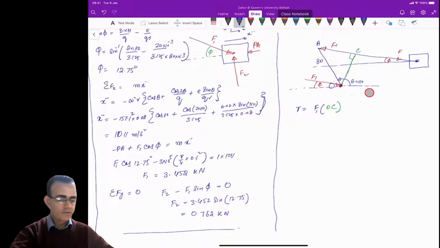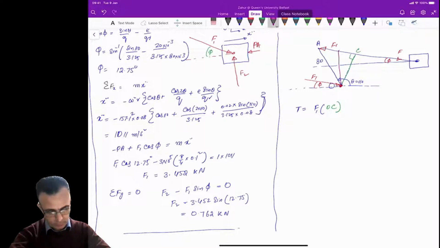Okay, so now you can draw a vertical line here. This vertical line is perpendicular to this line here, and then this line is perpendicular to this line here. So the angle between these two lines is phi, and the angle between these two lines should also be phi here.